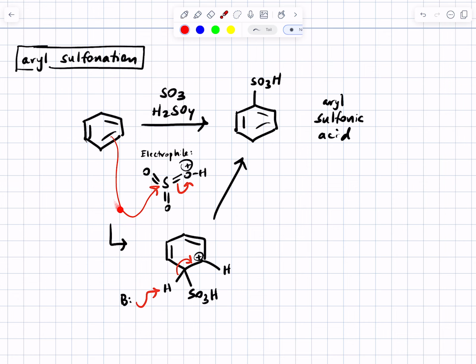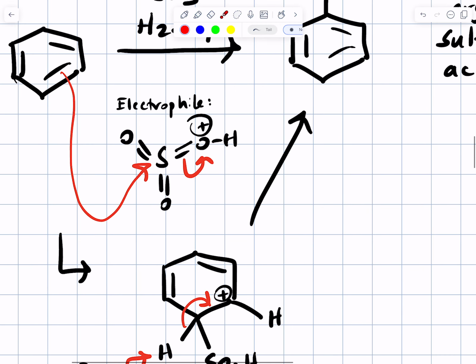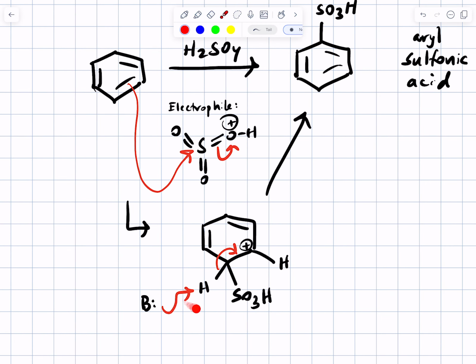Probably benzene attacks the sulfur much in the same way that you would attack a carbonyl carbon. Then you break the sulfur-oxygen pi bond, and that generates the same kind of carbocationic intermediate. Here was the proton we started with on that carbon, and it's still here.